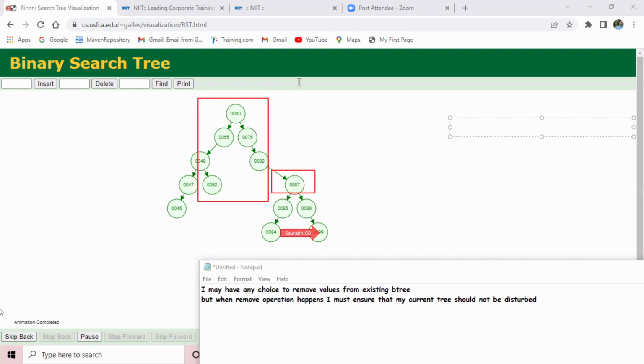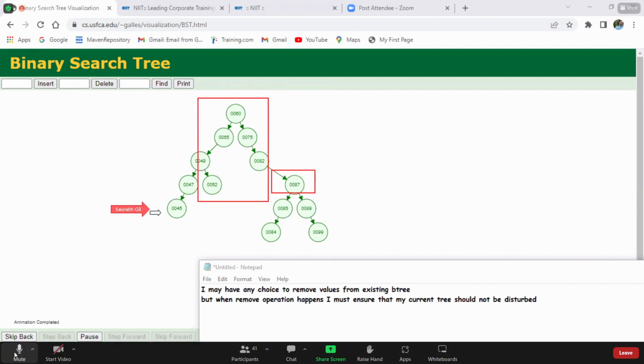Now the question arises: if I am deleting this node, say for example this node, it does not make any effect on the rest of the tree, because the rest of the tree is intact. What kind of node is it? Anybody can tell me? It is a leaf node.